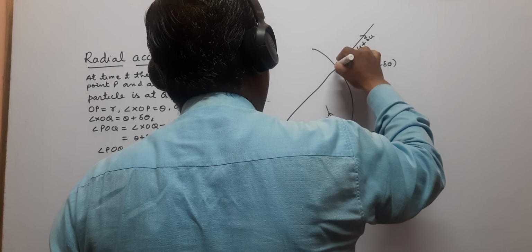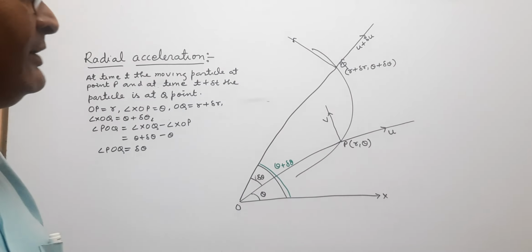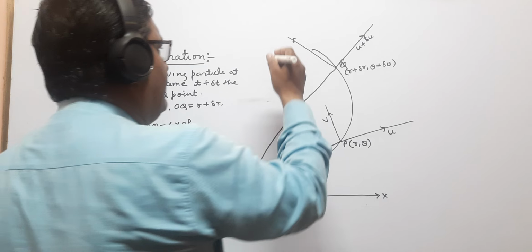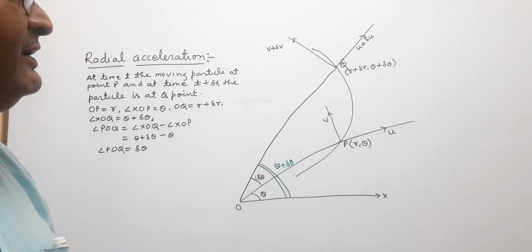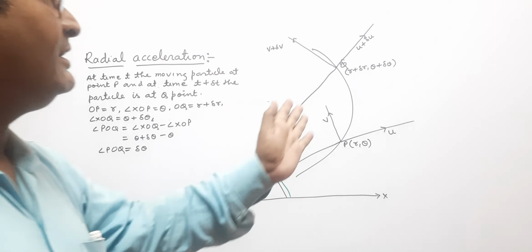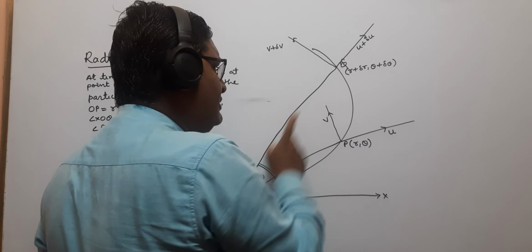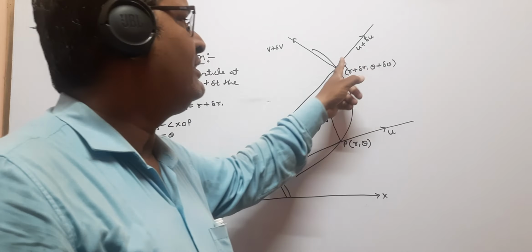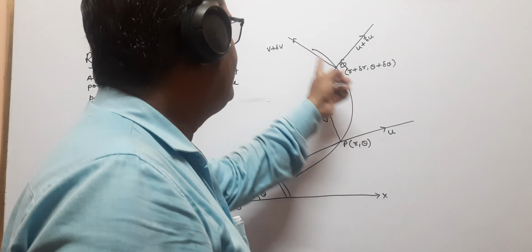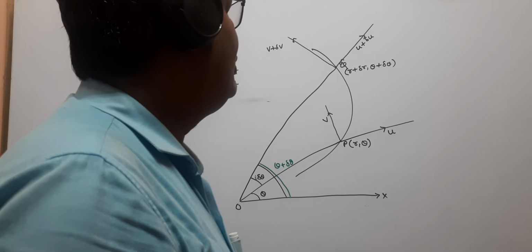Now we draw the velocity perpendicular to the radius vector OQ at Q, which is v plus del v. V plus del v is the transverse velocity at Q because it is perpendicular to the radius vector.